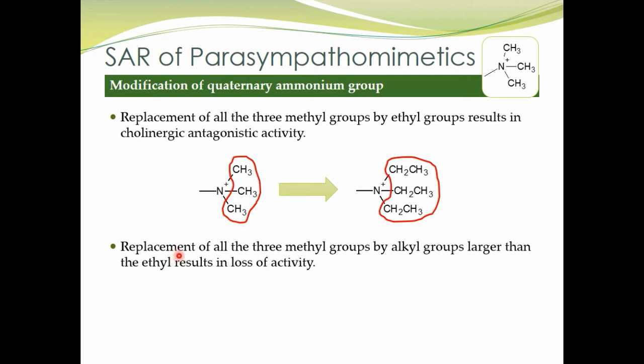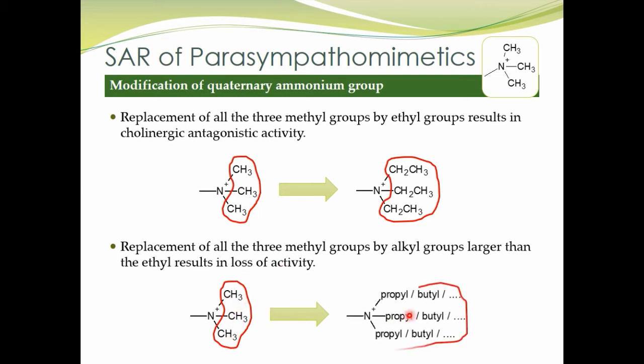Next point is replacement of all the three methyl groups by alkyl groups larger than ethyl results in loss of activity. All the three methyl groups replaced by larger than ethyl, means propyl, butyl, pentyl and so on, results in loss of activity.